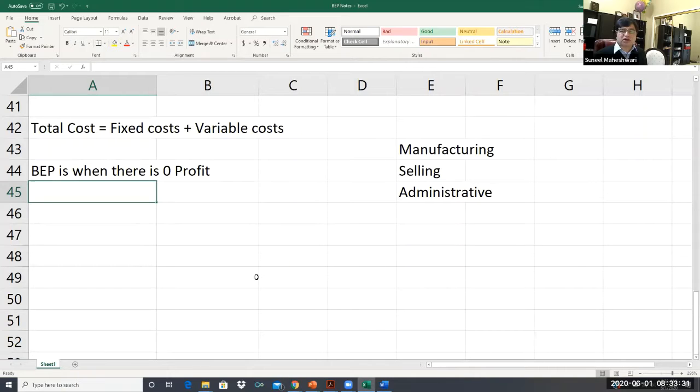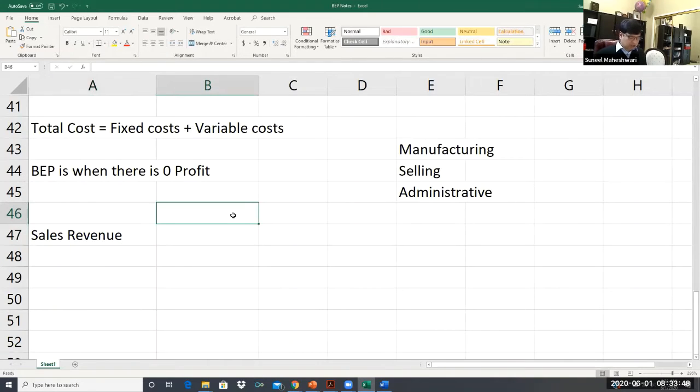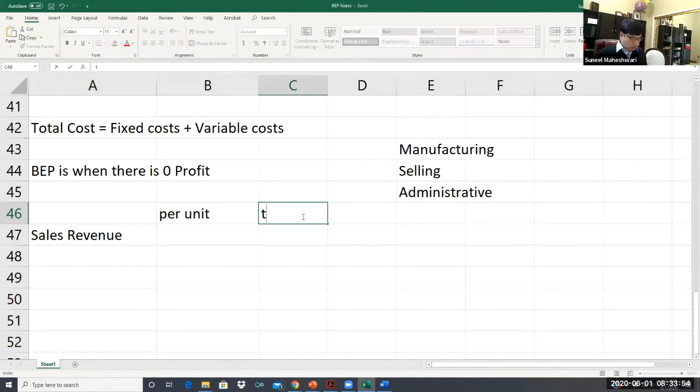Any questions until now, please? Okay. So break even point is when there is no profit. So if you think about the sales revenue, for example, suppose we take it per unit and you've got the total.